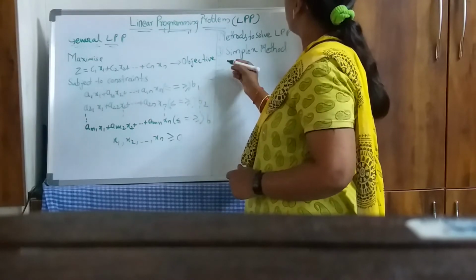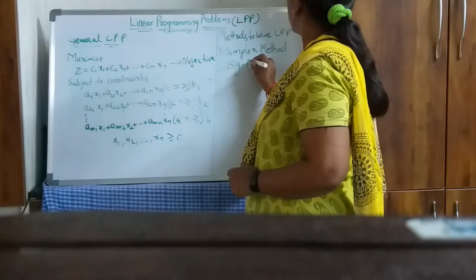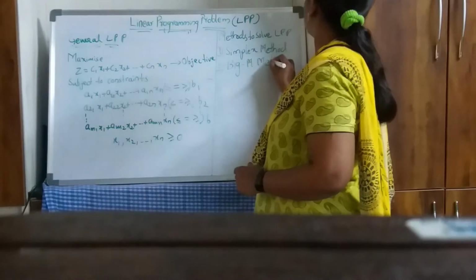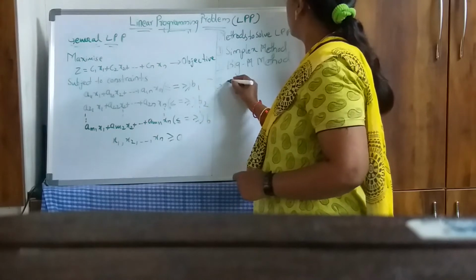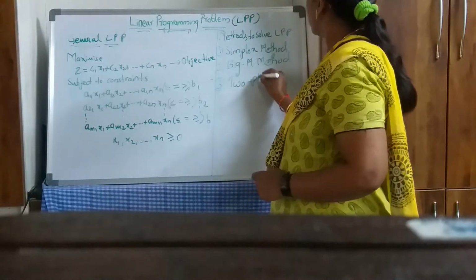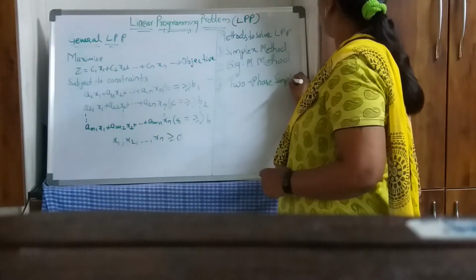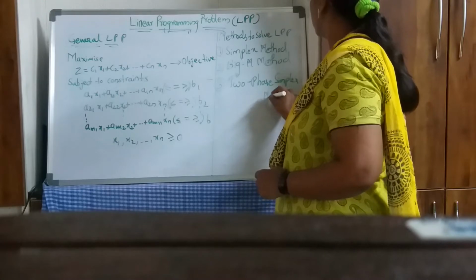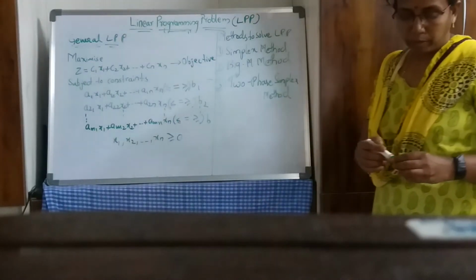Second one is the big M method, which is also called the penalty method. Third one is the two-phase simplex method. These are the three methods you will have to solve a linear programming problem.